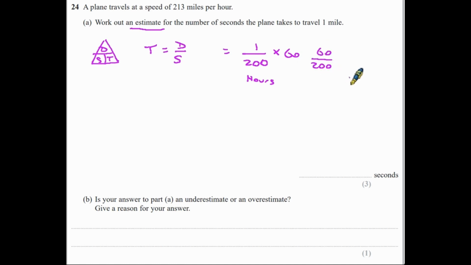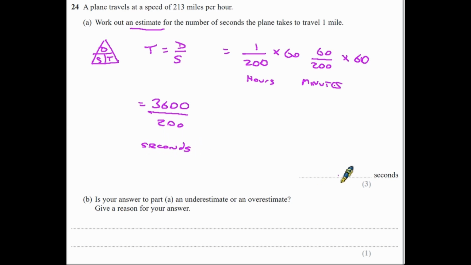And of course the reason we've multiplied it by 60 is because that takes us from hours to minutes. We still haven't gone far enough. We need to go to seconds, so we times it by 60 again, and we end up with our final answer of 3,600 over 200. Now that is our answer in seconds.